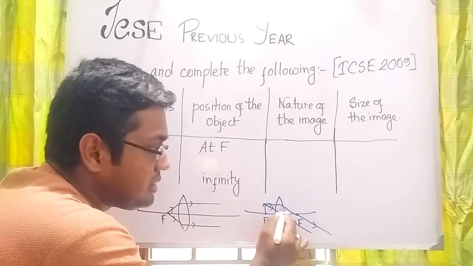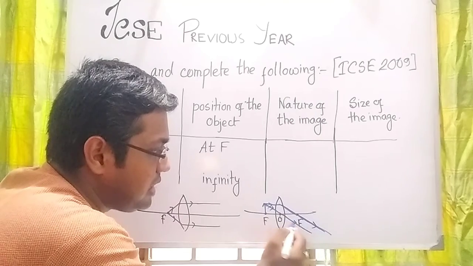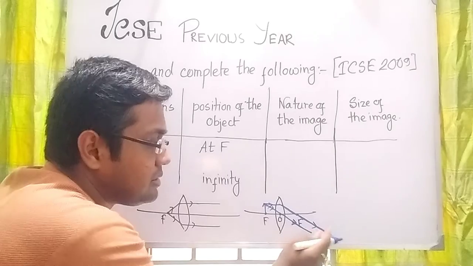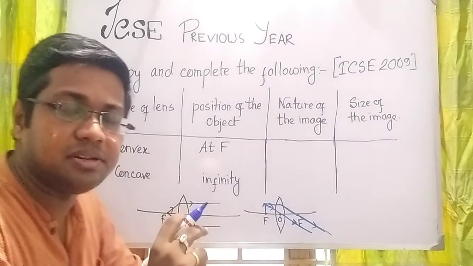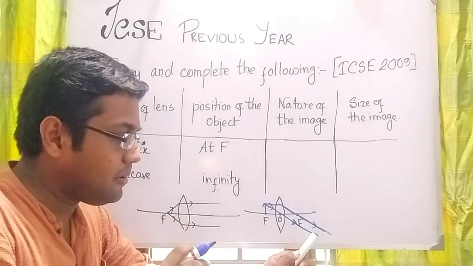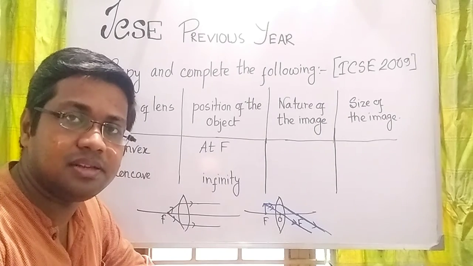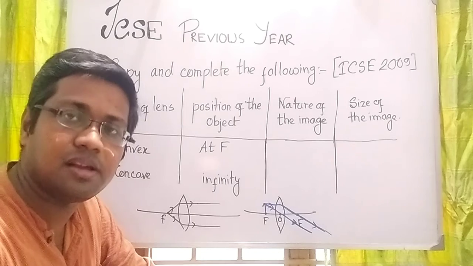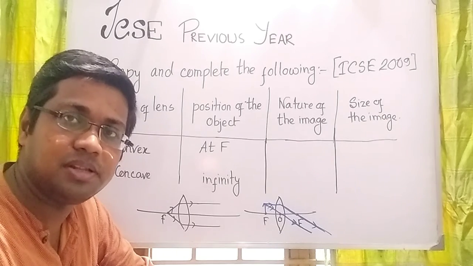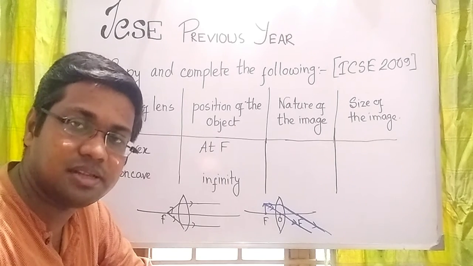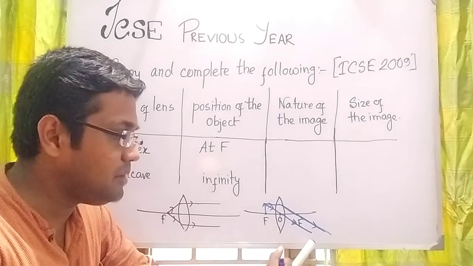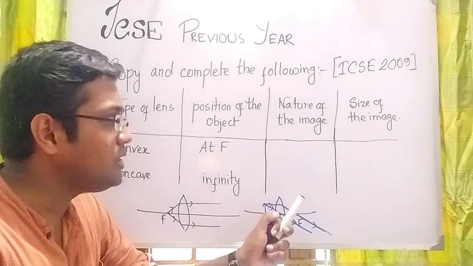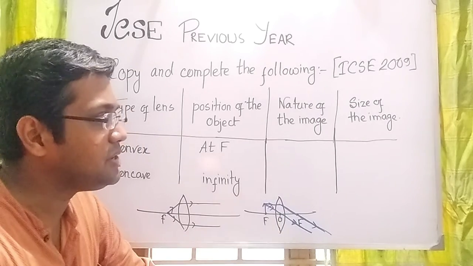But these 2 light rays that we have drawn here are converging light rays. Converging means they are coming towards each other. Obviously, they will not meet at a finite distance, but since they are converging, they have the strong possibility they will somehow meet at a large distance. They will meet at infinity. So we get the image at infinity.